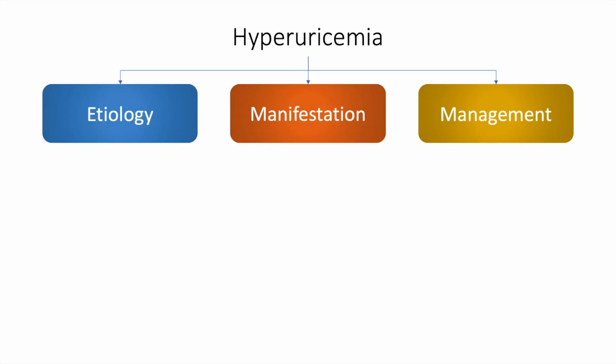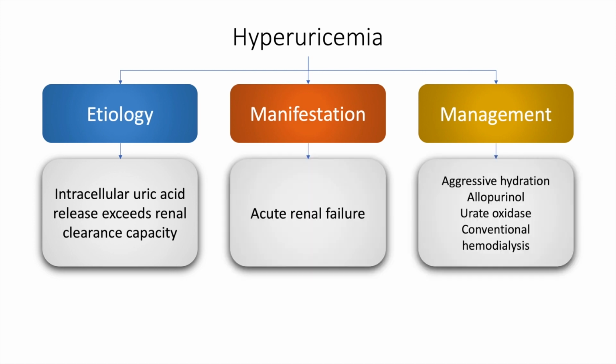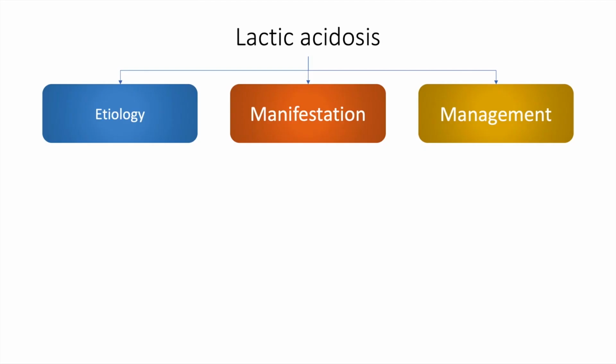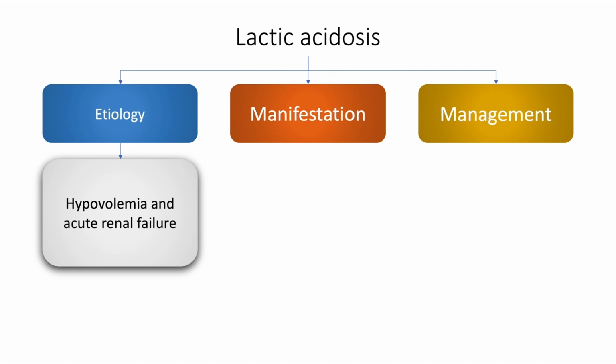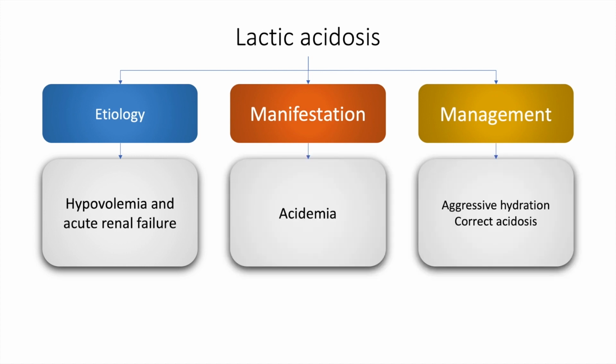Hyperuricemia is caused because of nucleic acid breakdown and can cause acute renal failure and is managed with allopurinol, hemodialysis, and aggressive hydration. Lactic acidosis is caused because of hypovolemia and acute renal failure and manifests as acidemia and can be managed with aggressive hydration and correction of acidosis.